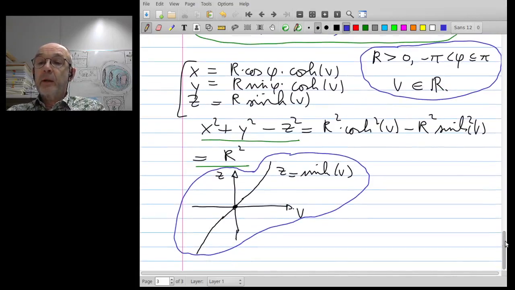And then you can calculate the correction term.